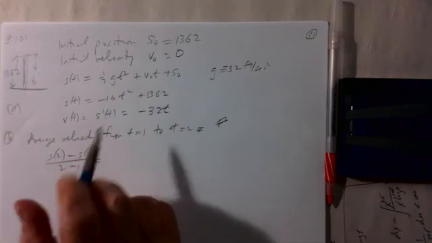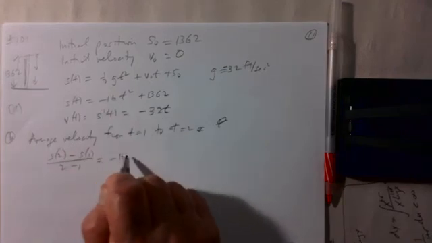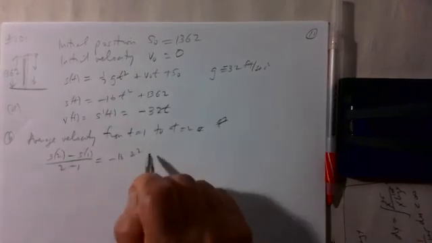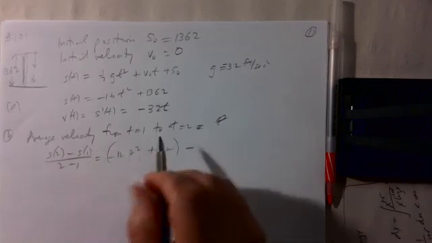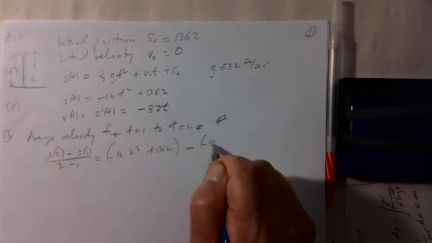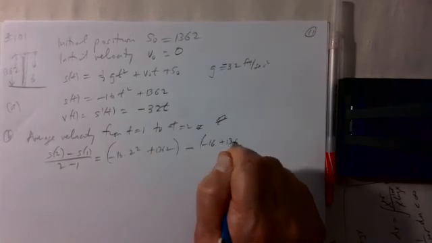The denominator is just 1. When t is 2, you get minus 16 times 2 squared plus 1362. When t is 1, you get minus 16 times 1 squared, that's 1, plus 1362.